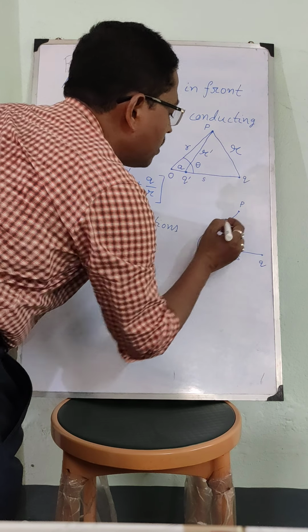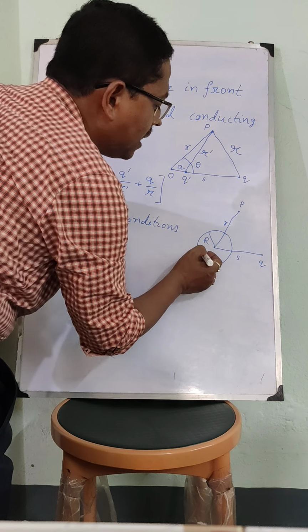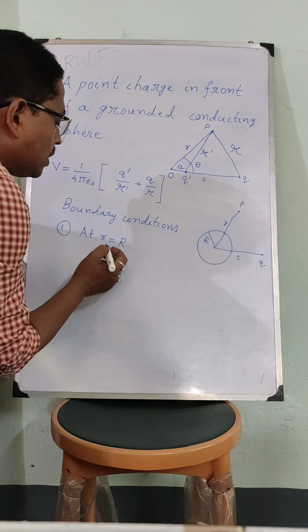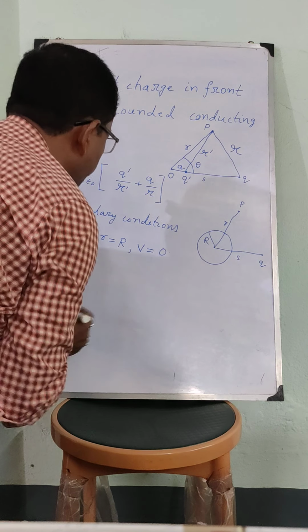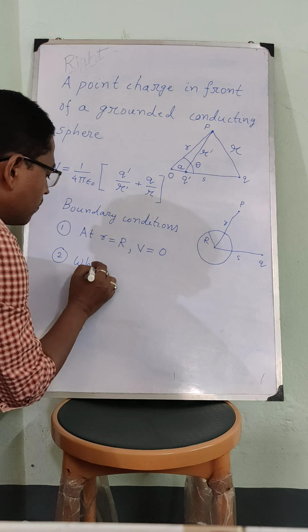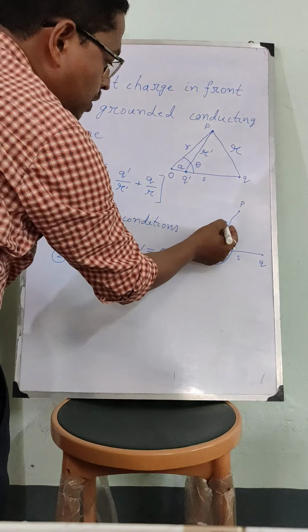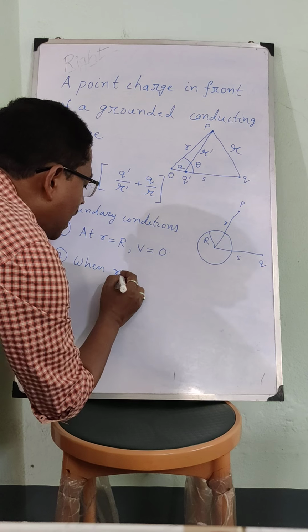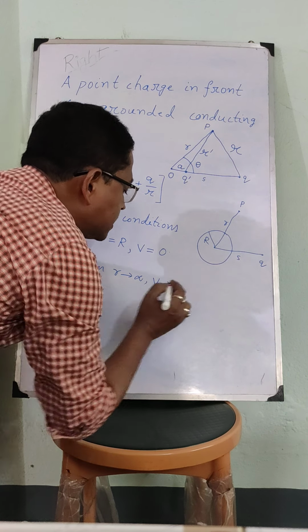So, this is small r. Now, when small r is equal to capital R, we come on the surface of this sphere. Therefore, when small r is equal to capital R, V is equal to 0. And when this point P is at infinity, that means small r is infinite, so when r tends to infinity, V tends to 0.